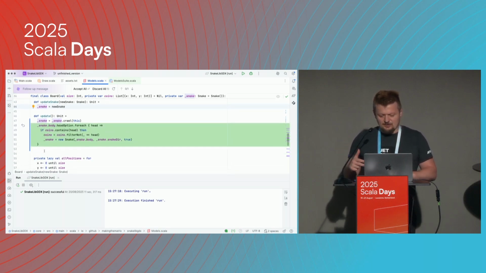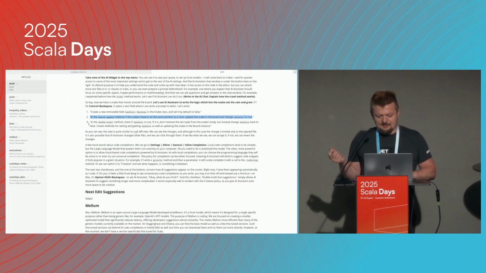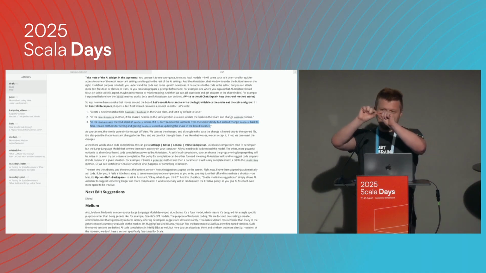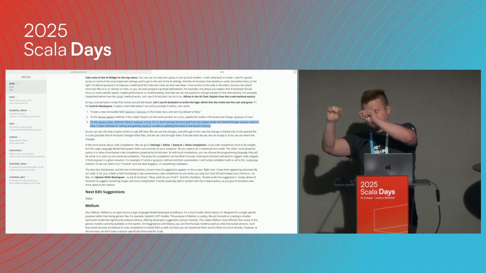So now we detect a Scala logo on the board, and then in the snake crawl method, if hasCoin is true, then don't remove the tail, because usually it goes like this, that we have the head, it moves forward, and the tail vanishes, so we move it like this.